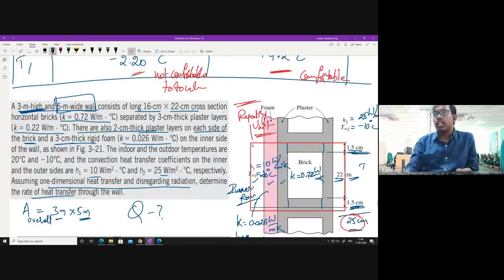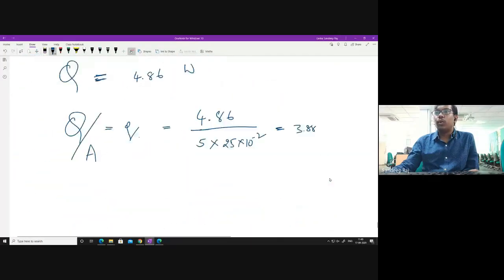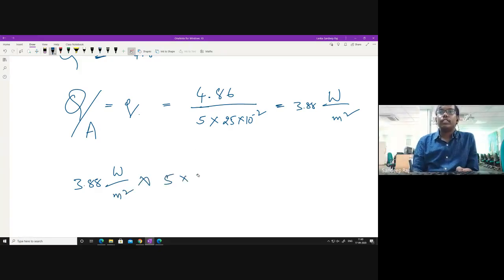Now, if you want it for the whole area, you have to multiply 3.88 by the whole area, because this is measured in watt per meter square. The time is going fast, so write it here. Is it 5 into 8? Given in the question?